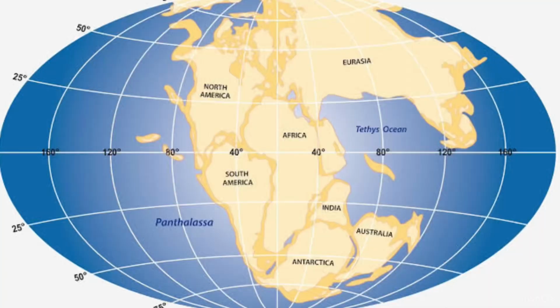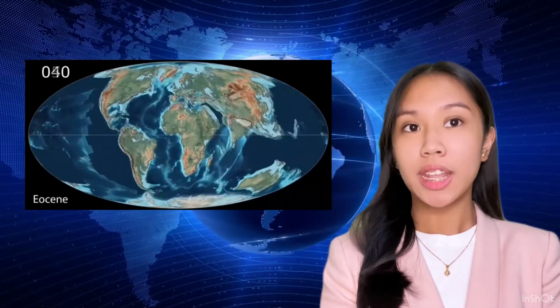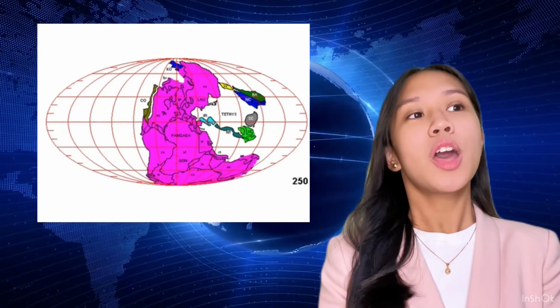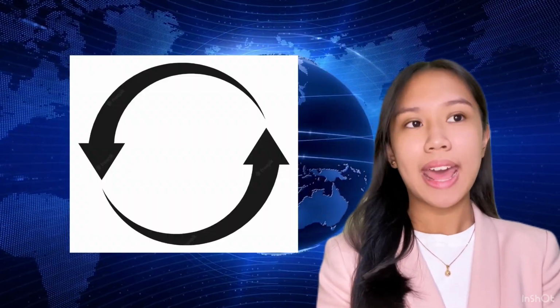Based on analysis, the history of the supercontinent Pangaea will continue as the plates will fit together, then split again after a long time, and so on and so forth. Some continents will join together and then break apart, forming various landmasses, and the cycle will repeat again.